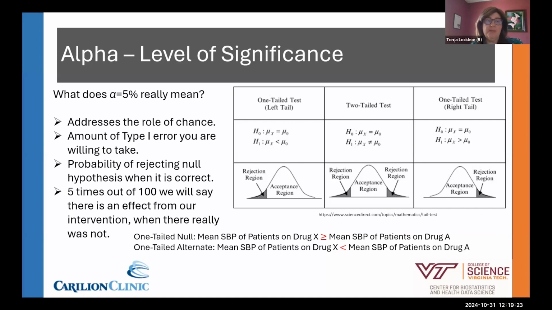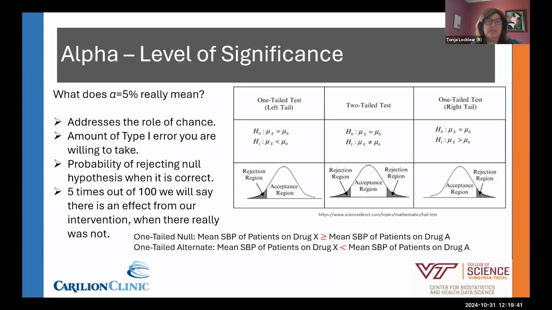We set this at the very beginning of a study, and we say, okay, we are going to allow ourselves to have a 5% chance that our results are a result of chance and not because of the intervention that's being applied.